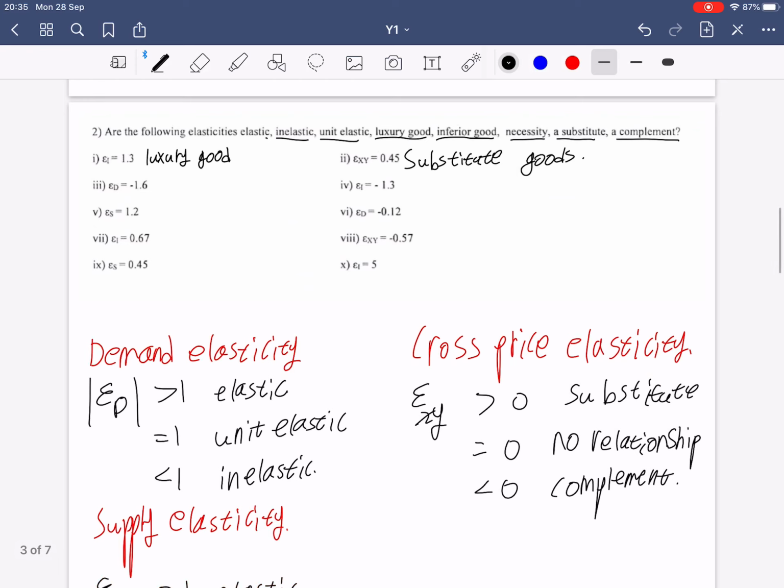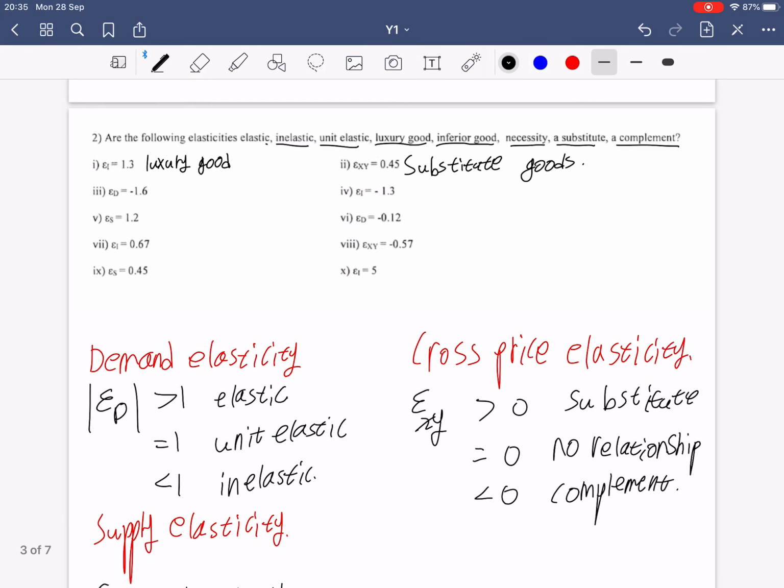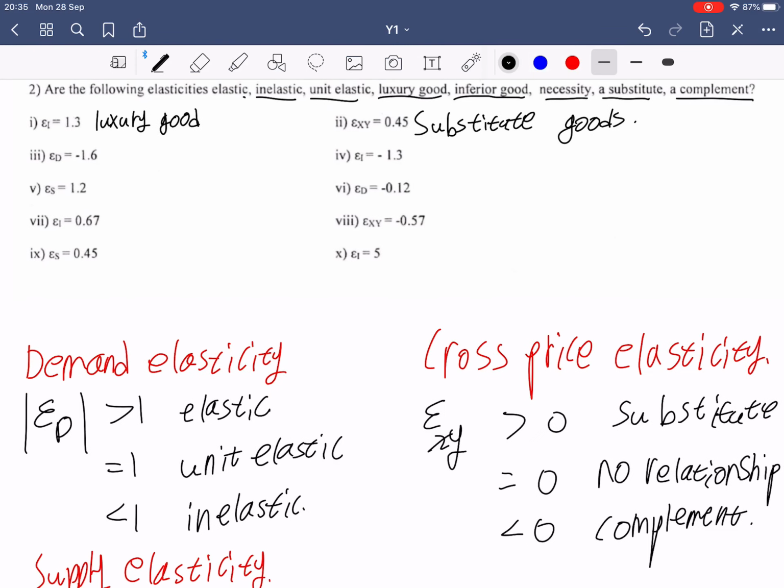Okay, and the ED for question 3 is about demand elasticity. For this one, we are going to use absolute value, so we put absolute here, so it must be 1.6. So 1.6 is greater than 1, so it must be elastic goods. Elastic.